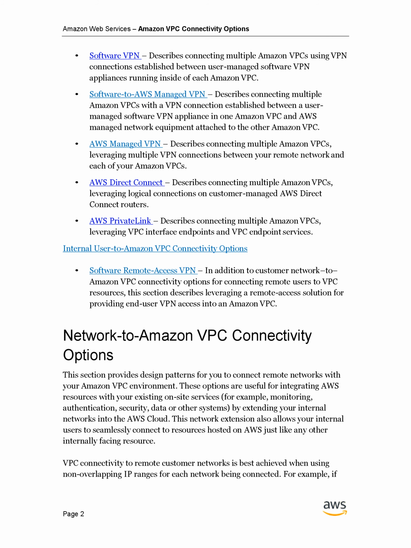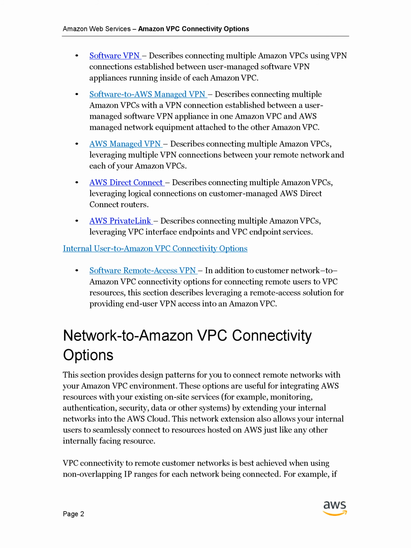Software-to-AWS Managed VPN describes connecting multiple Amazon VPCs with a VPN connection established between a user-managed software VPN appliance in one Amazon VPC and AWS managed network equipment attached to the other Amazon VPC. AWS Managed VPN describes connecting multiple Amazon VPCs, leveraging multiple VPN connections between your remote network and each of your Amazon VPCs.